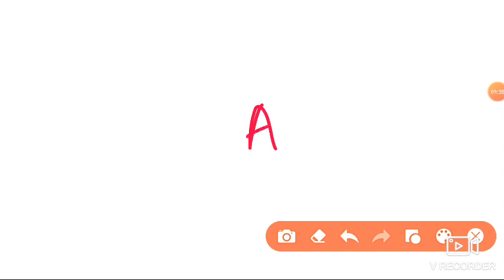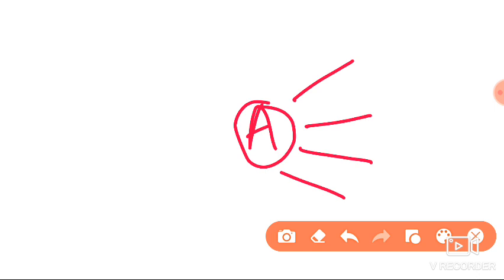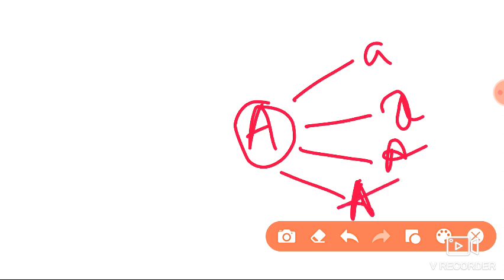Here one is an ancestor or one species, and you can find different organisms: species A, species A, and so on.